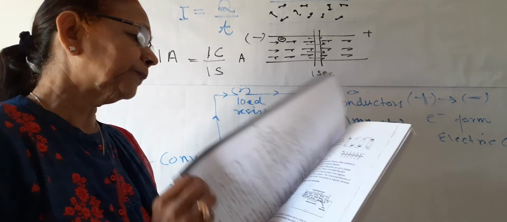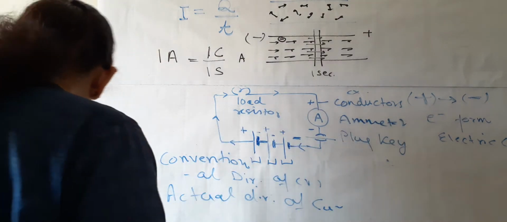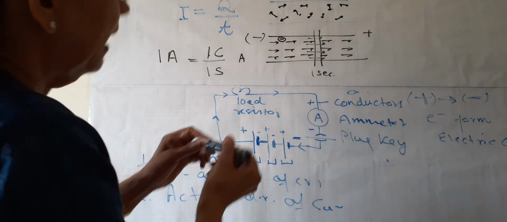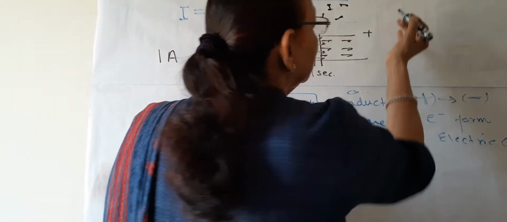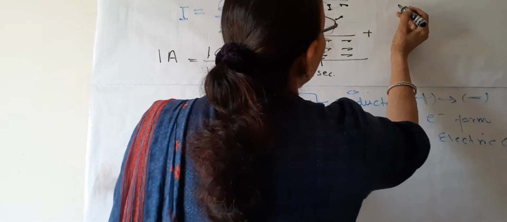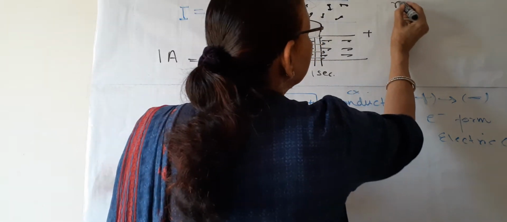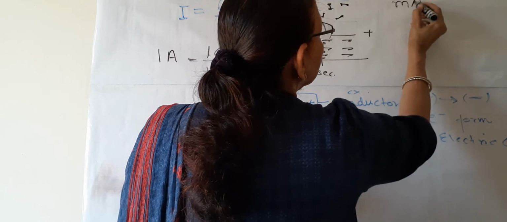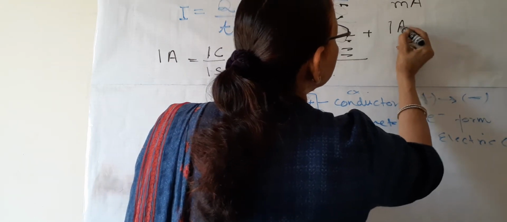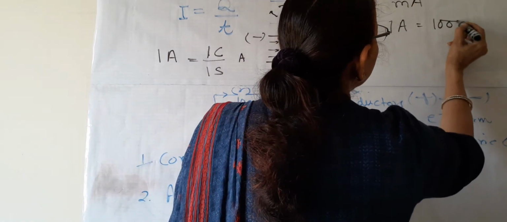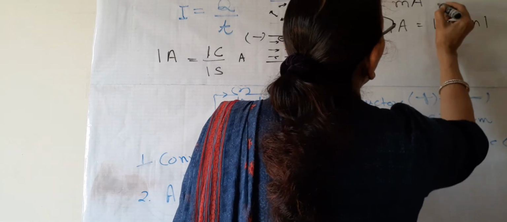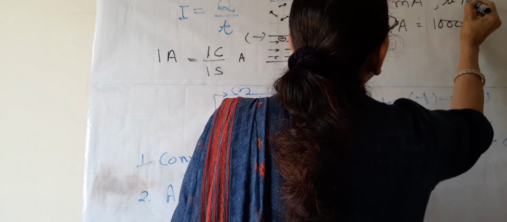about the ampere. I have told you that the unit of current is ampere, but in labs we use a smaller unit, that is milliampere. So 1 ampere is equal to 1000 milliampere or even microampere.